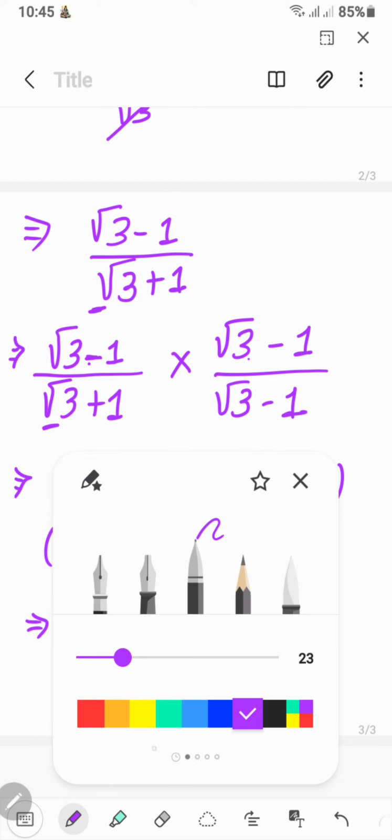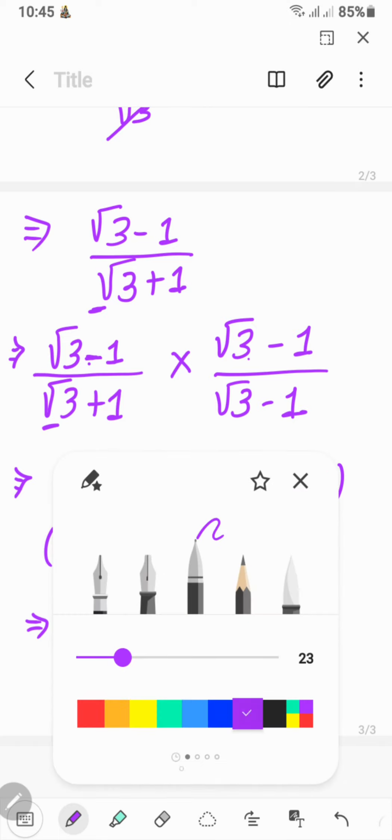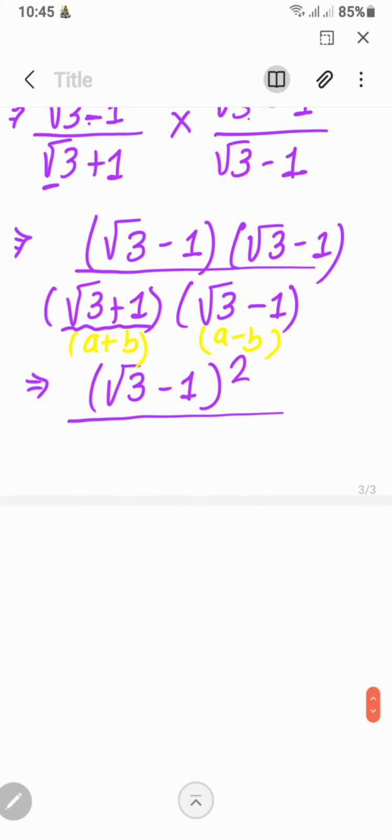That's it. Now in this step we can do root 3 minus 1 whole square by, now this is in the form of a plus b, a minus b. Can you tell me which formula is this, a plus b into a minus b? Yes, this formula is a square minus b square, right?